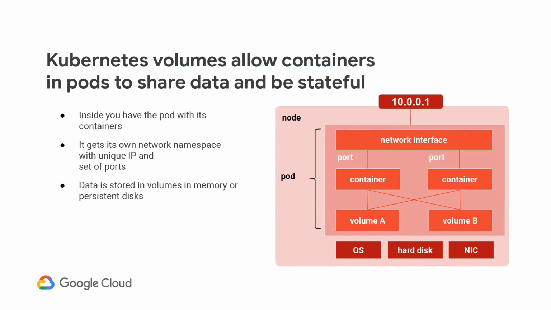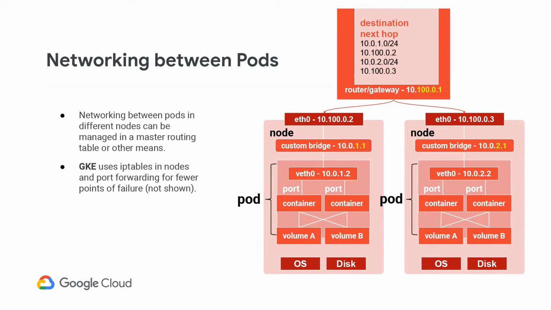It's highly portable because you can move pods to other nodes without reconfiguring or having to rebuild anything. And networking between the nodes can be handled by central routing in the master or by other means. GKE uses IP tables and port forwarding in nodes so that nodes can communicate with each other directly, and with load balancers, and so that load balancers don't introduce a single point of failure.